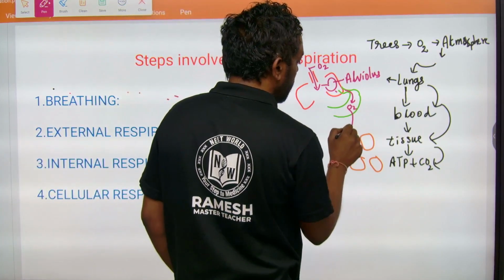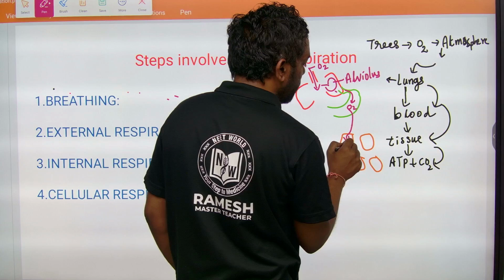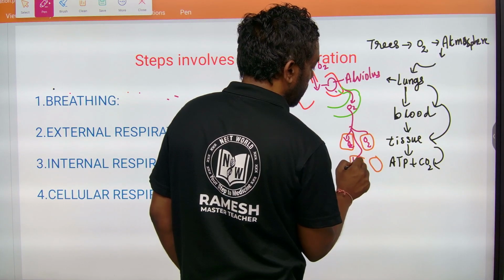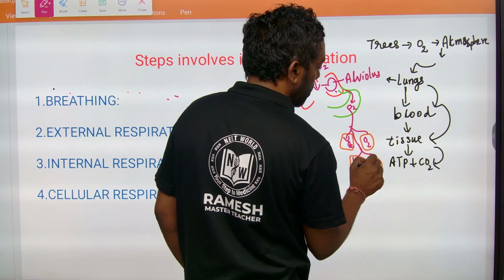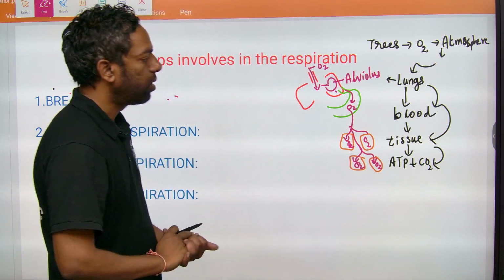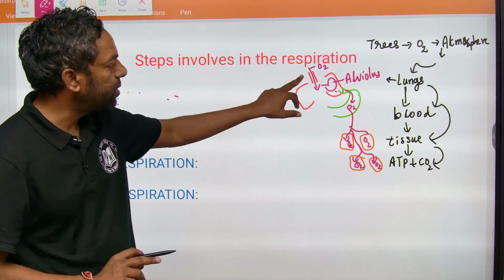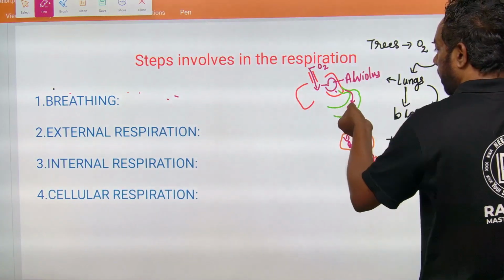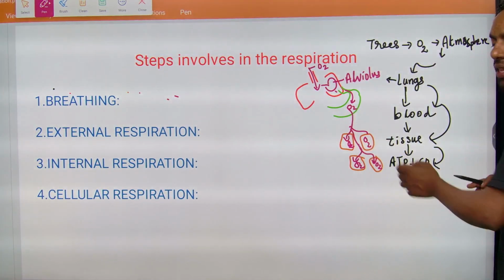This oxygen enters the tissue from the blood. First oxygen reaches the lungs, from the lungs the blood, from the blood the tissue.